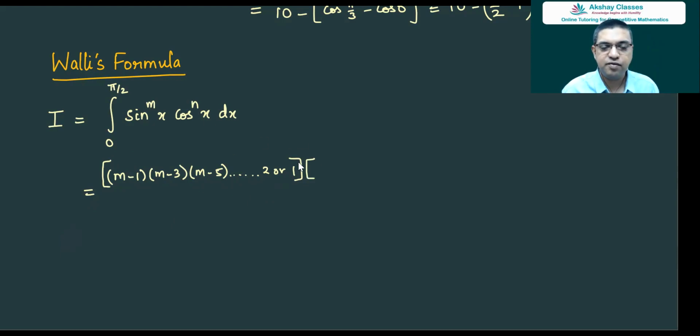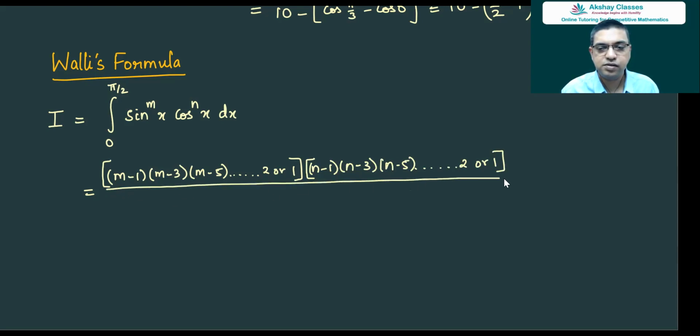Multiplied by the same thing for n: n minus 1 times n minus 3 times n minus 5 times, till 2 or 1, upon, now take the sum of the two, m plus n times m plus n minus 2 times m plus n minus 4, ending at either 2 or 1.